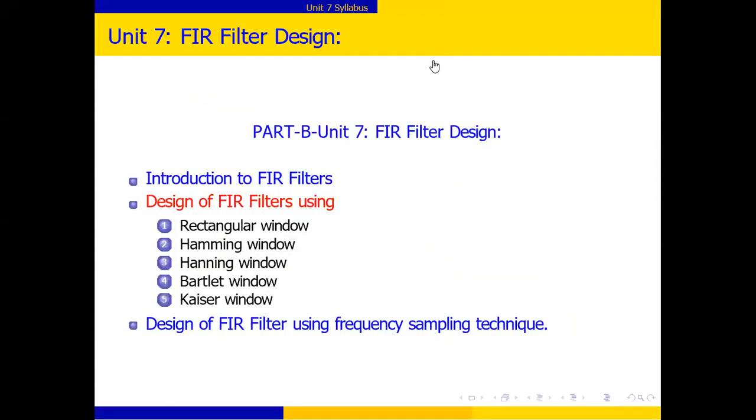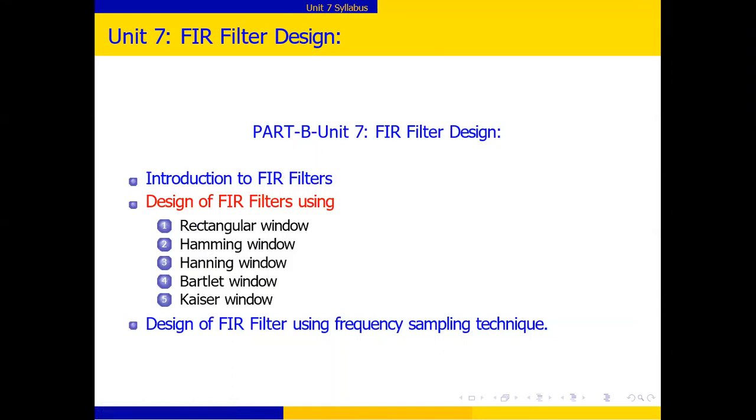So in this module, we will see some basic concepts like the FIR filter, how it is different from the IIR filter. Then how to design the linear phase FIR filters.